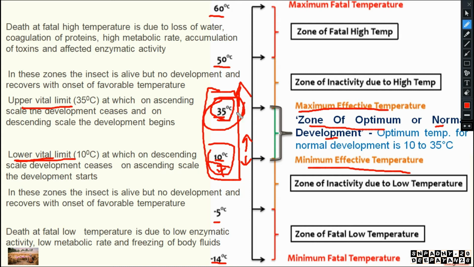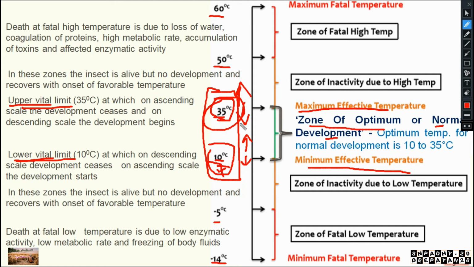But if you go below that maximum temperature, the development will be normal. They will undergo a normal or optimum growth and development. This is the maximum temperature below which the development is normal, but beyond which the development will be abnormal. That's why it is also known as upper vital limit. This is the upper limit of optimum vital process. Understood? Why the term is maximum, minimum, and why the term is upper and lower.